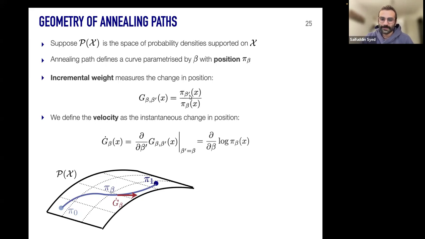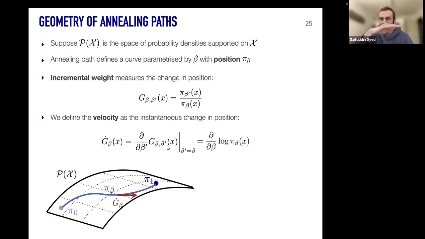In particular, if I take the incremental weight and ask what happens as I make beta prime get closer and closer to beta, G beta beta prime is going to go to 1. If I look at the derivative of this as a function of beta prime, and then take the limit as beta prime equals beta, this tells us, for a small perturbation in beta, how is the mass changing?